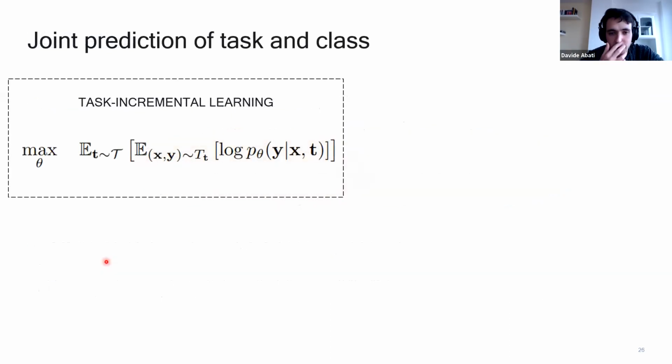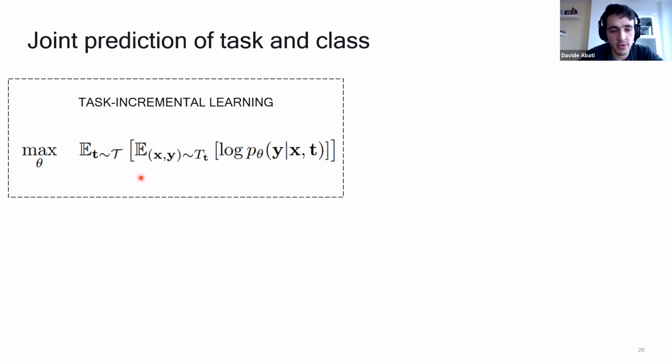So let's revisit a little bit the math. So this is task incremental learning, right? We want to maximize over the parameters the log probability of the class Y given the image X and task T. And this is an expectation with respect to the dataset of task T, the Tth task, and also an expectation over all the tasks that we observed.